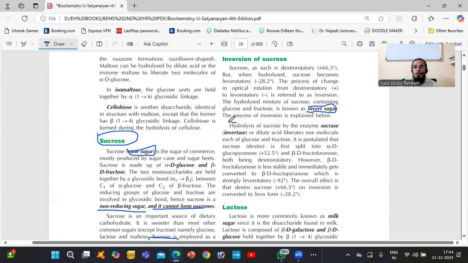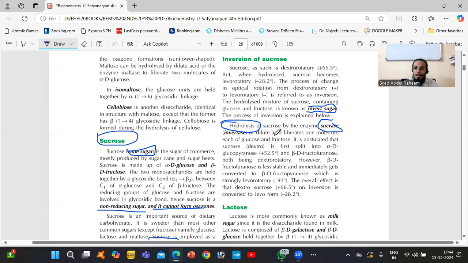What they do is hydrolyze it. So they use the sucrase enzyme, which is also present in our intestine.